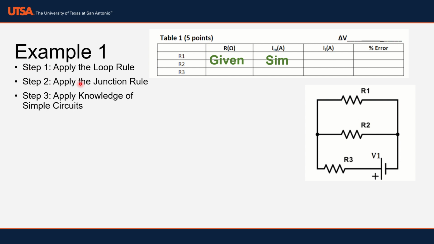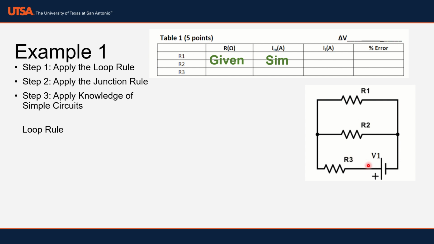So these are how I list the steps. Step one is we apply the loop rule. Okay. So what is the loop rule? That basically means that we're going to be looking at the circuit, and I always start by locating a battery. In this case, I see the battery right here, and I go around the circuit and I start labeling, right? So I'm going to come up with one equation.